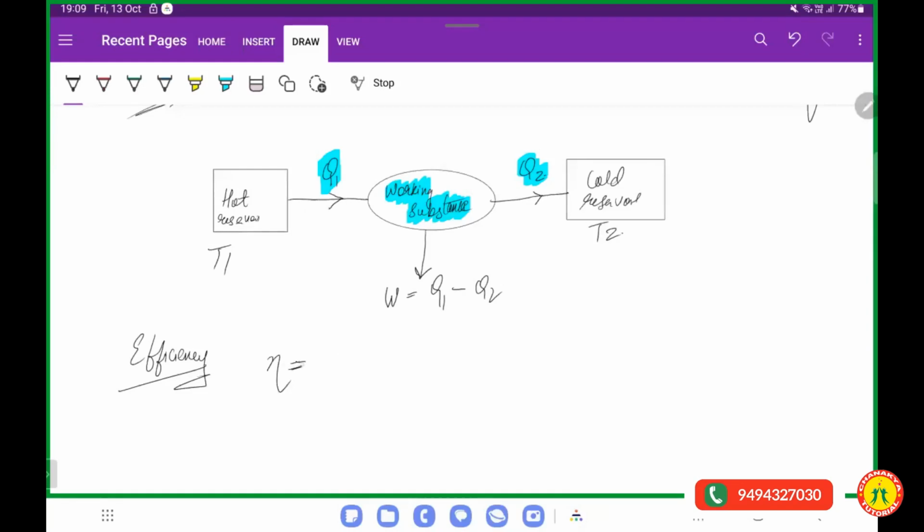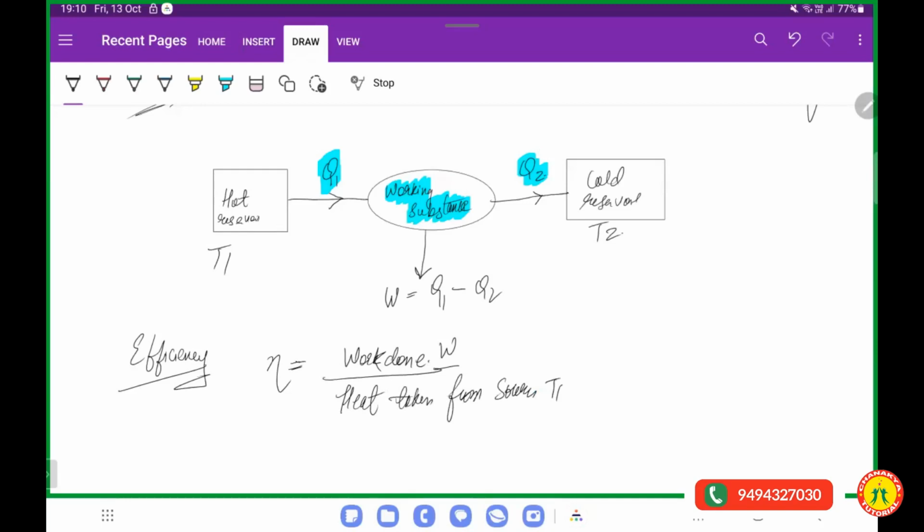So finding the ability or ratio of that, we can do it like this. Suppose I'm doing some work, that is W, work done, and how much heat is taken from the source T1.